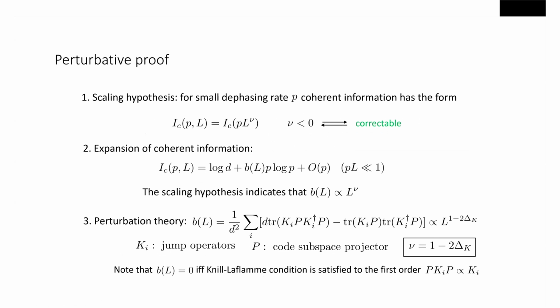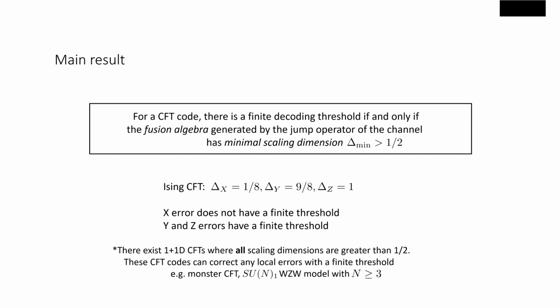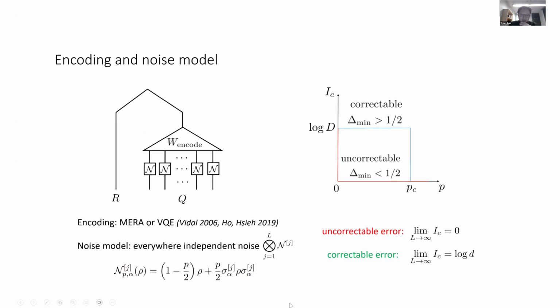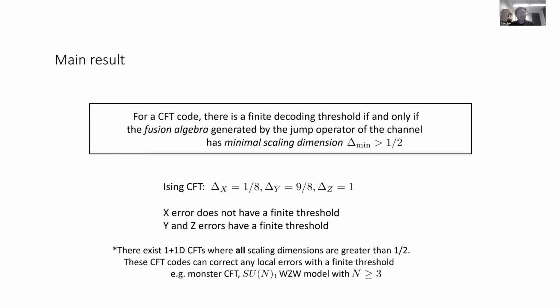Excuse me, sorry, could you please explain what is the jump operator? Oh, sorry. The jump operator simply is the sigma alpha here, the direction of your bit flip. I see, thanks. So here you could either flip your spin in the x direction, the y direction, or the z direction.